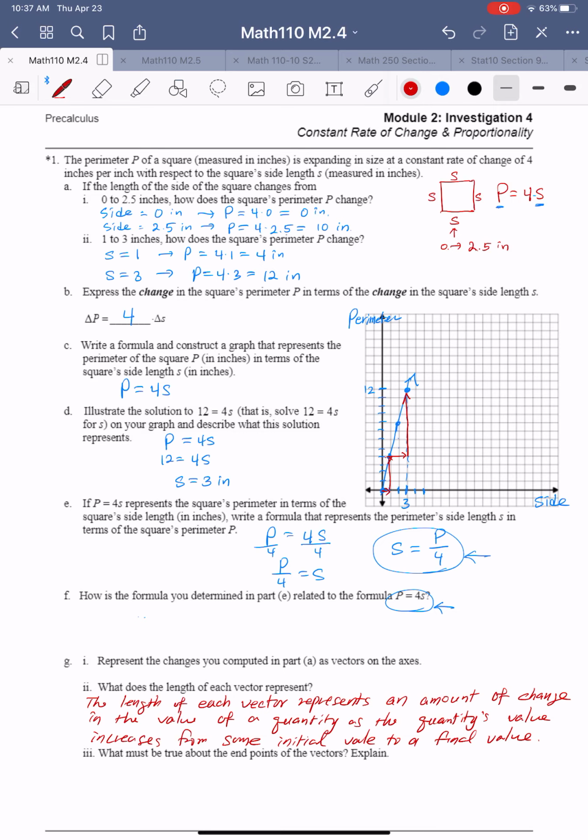The starting point of the vector must begin with the initial or starting value of the corresponding quantity, and the ending point of the vector must end at the final value of the corresponding quantity.